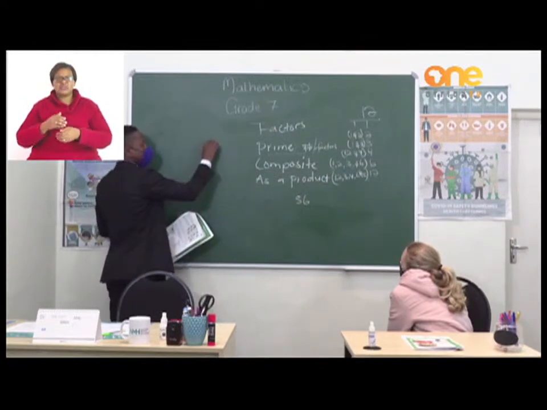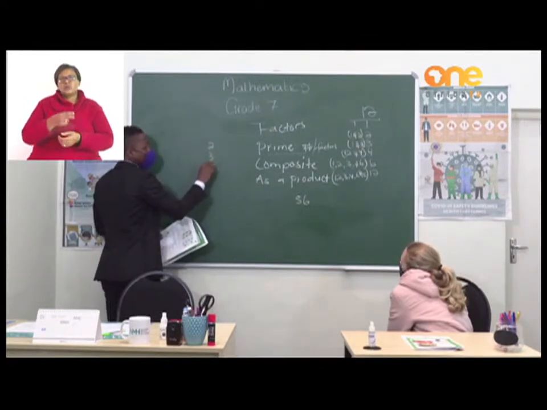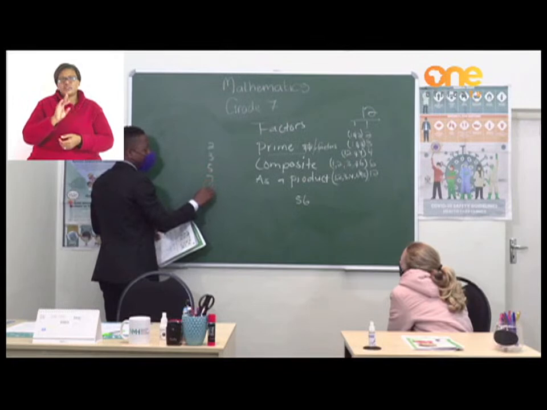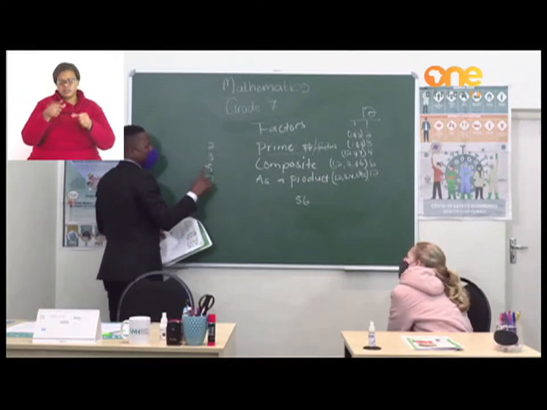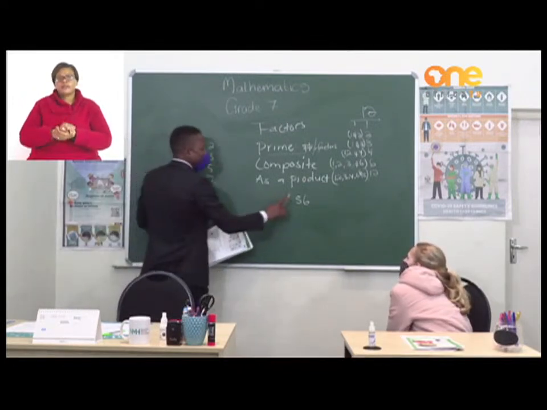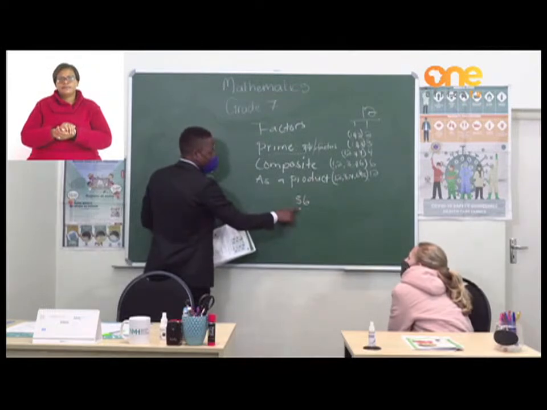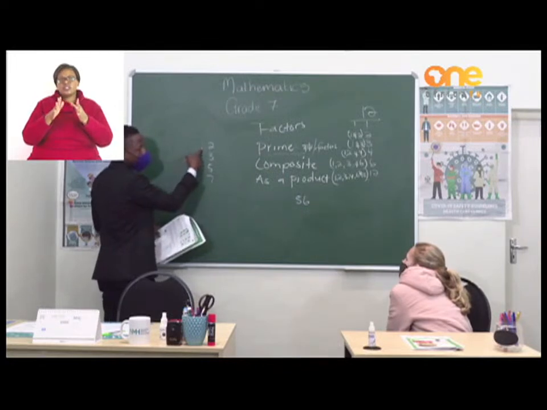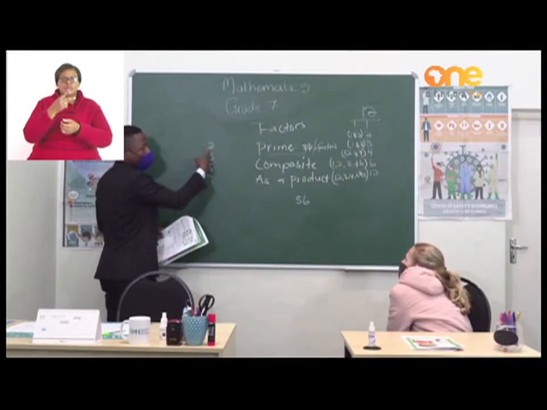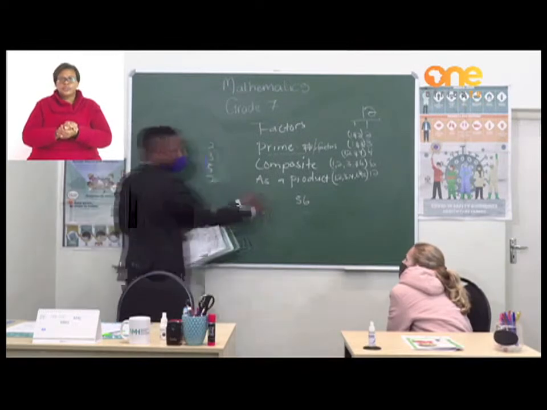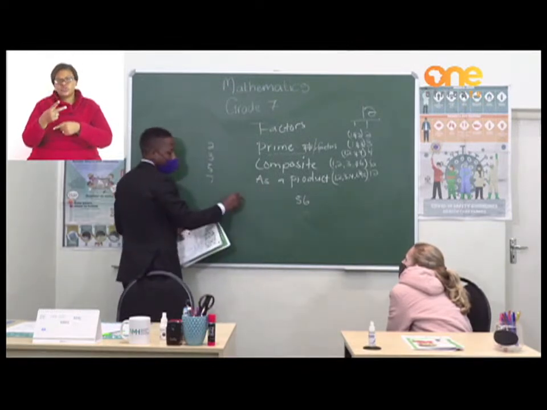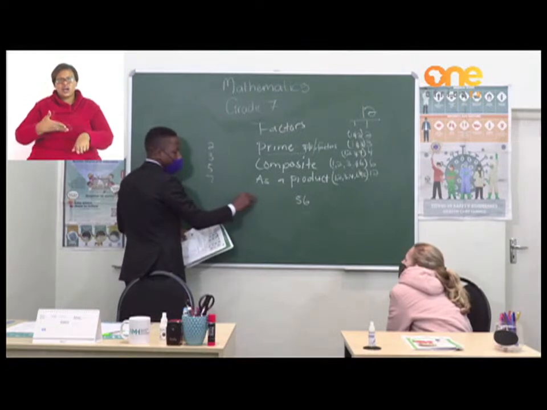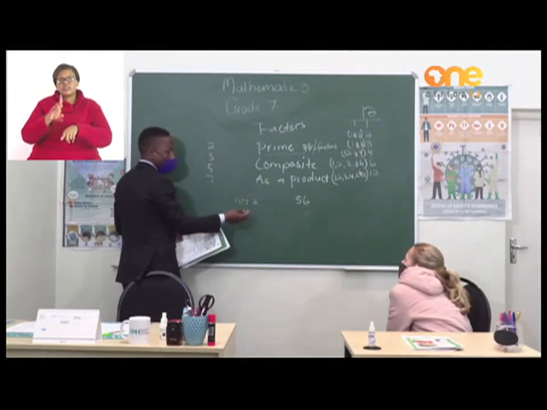Prime factors are 2, 3, 5, 7, and it goes on. But when it comes to factorizing, we start with the lowest possible prime factor, which is 2. When you divide by 2, you are halving. Just an example, 10 divided by 2 gives you 5.